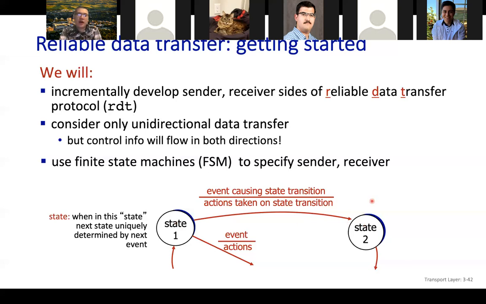Only a few events cause the machine to change from one state to another. The benefit is that you don't need to think about a large design space. For example, a vending machine is, I think, the simplest and most famous case to think about the FSM, the finite state machine.